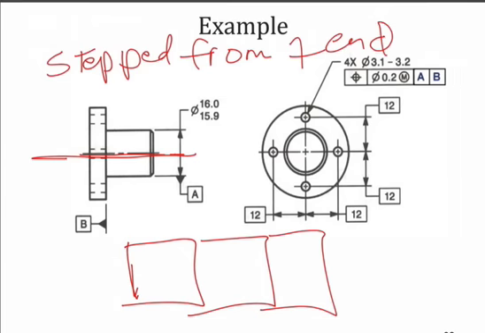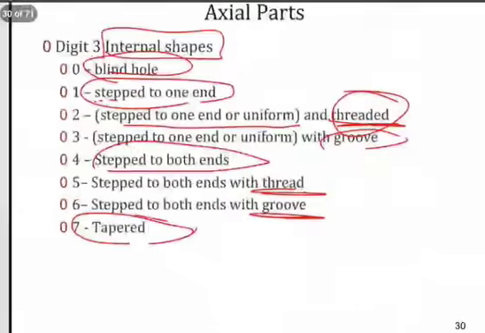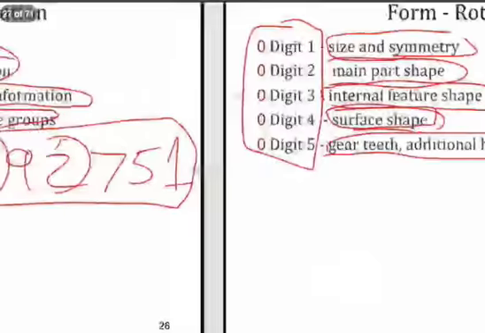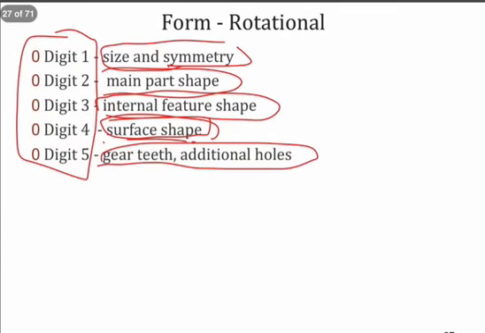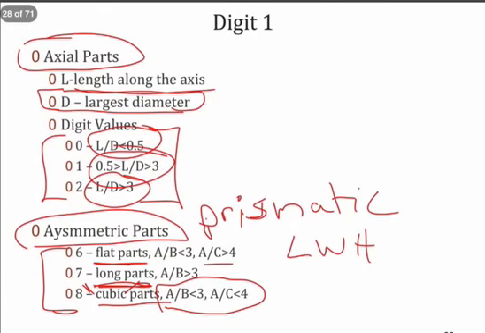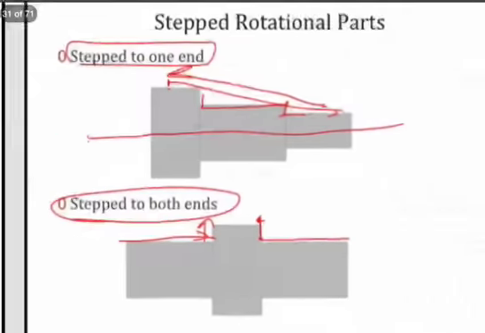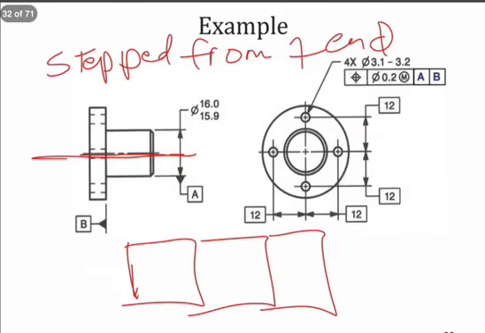Well, let's go back and look at those digits. So first of all, our size and symmetry. What we're looking at here is the ratio of L over D. So we've got less than 0.5, 0.5 to 3, greater than 3. Well, if we look at this ratio here, you can see, and we really don't need dimensions in this case to figure this out, we can just tell from the relative size.